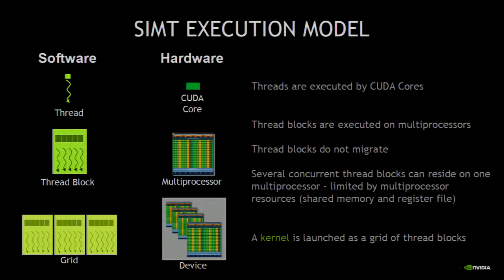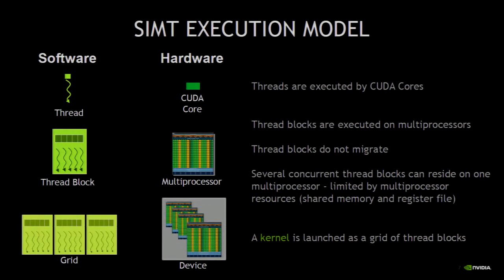Now, how does this software execution model map to our GPUs? All threads are assigned to CUDA cores, and the thread block is assigned to a multiprocessor. Each multiprocessor can have multiple thread blocks assigned to it, and it needs to execute them. Thread blocks do not migrate between multiprocessors.